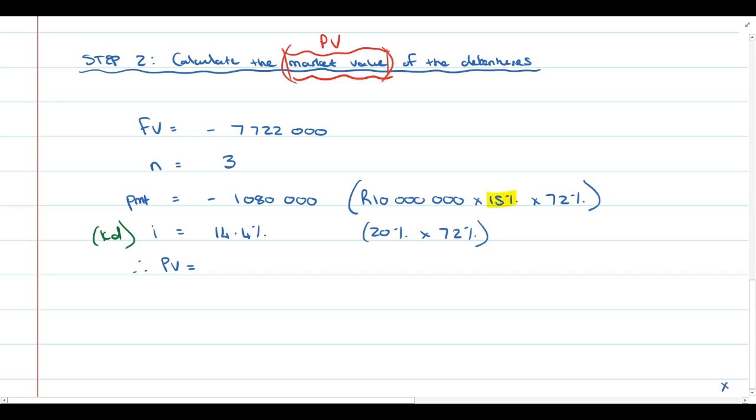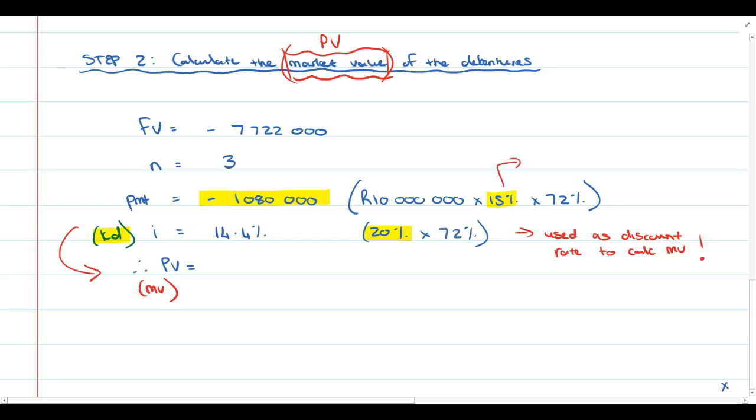You use the coupon rate of 15% to calculate your interest cash flow, and you use the cost of debt, or the rate on similar debentures, as your discount rate when you are calculating your market value. So we can then solve for the present value.